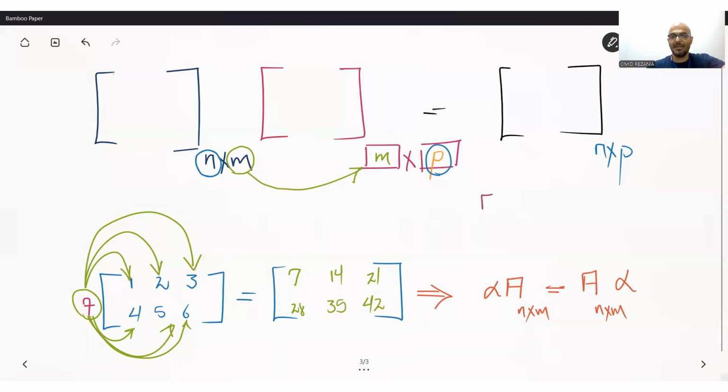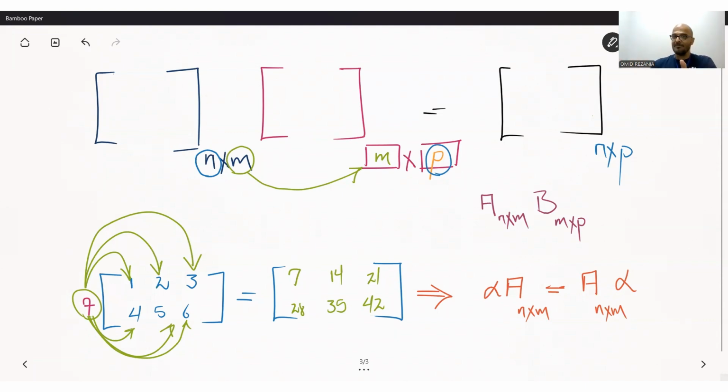If I have, for example, matrix A, ranking is N times M, which is multiplied to the matrix whose ranking is M times P, like the one which I did up there. We said that these matrices can be multiplied together because they're compatible. The number of the columns of the first matrix matches exactly with the number of the rows of the second matrix.